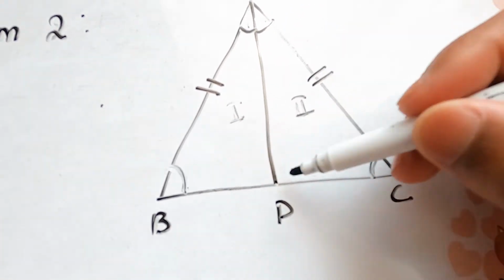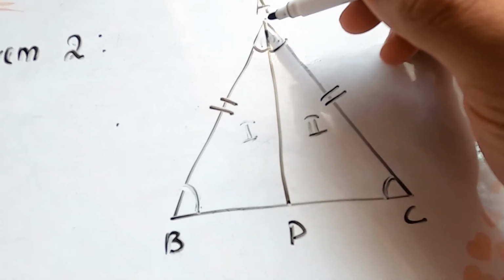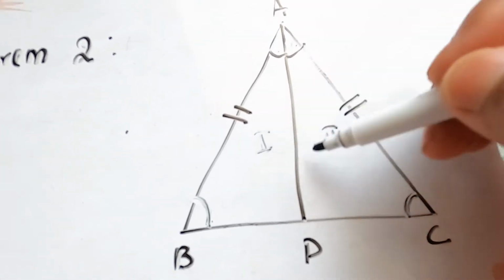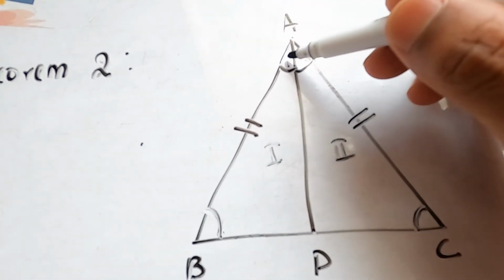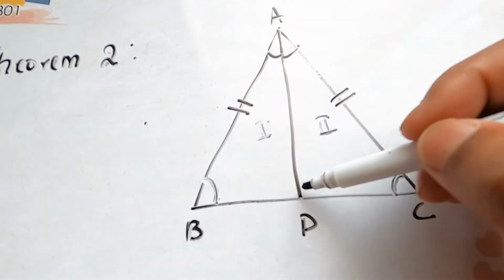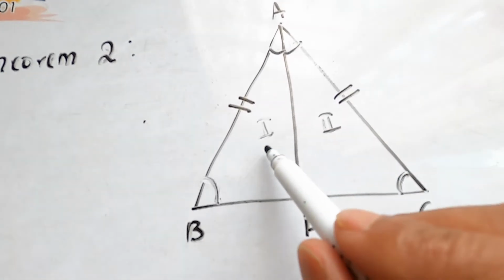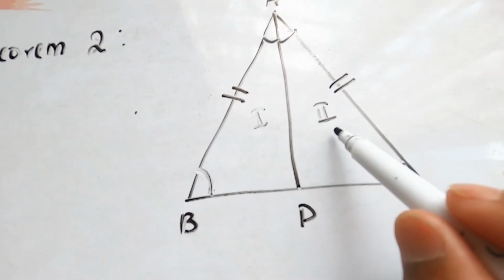Why are they equal? Because AD divides angle A such that angle 1 will be equal to angle 2, and AD is the common line segment for both triangle 2 and triangle 3.